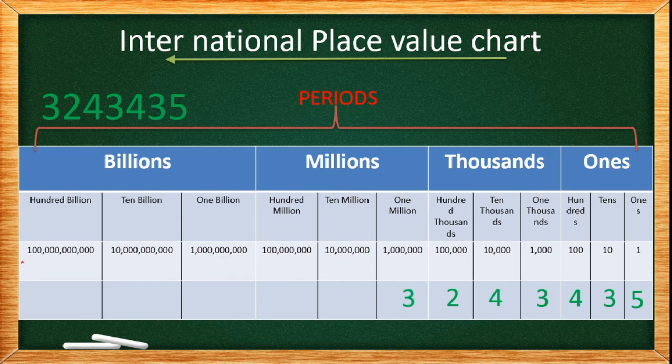So the number is 3,243,435. Then use comma to separate periods. So after first 3 places, we need to put a comma. Then next 3 places, again one more comma.